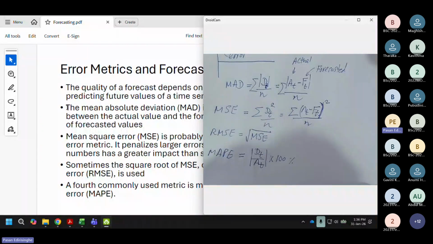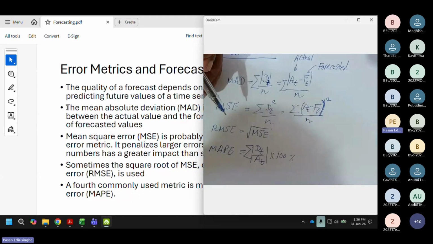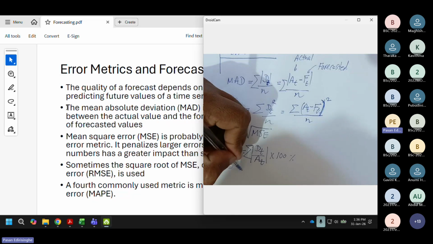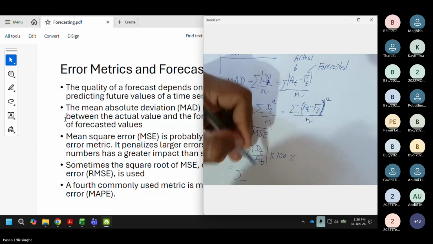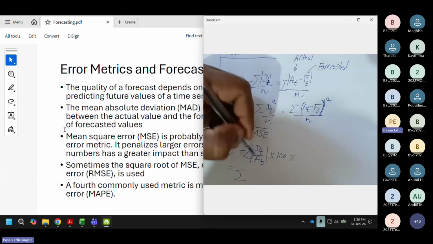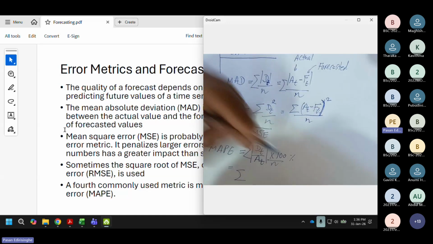And the summation, of course. So we have the summation as well, and one more thing, we need to divide by n as well.